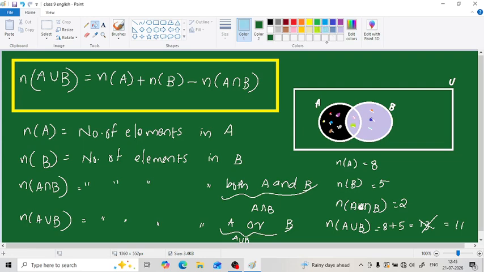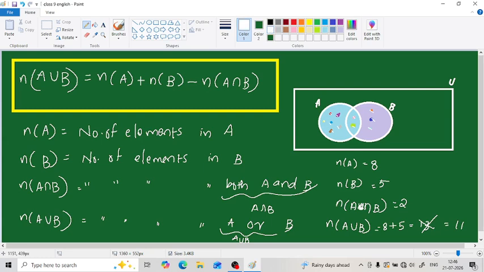It is already included in A, and when we counted B, we added it one more time. That's why there is an increase of 2 here. 2 elements are excess, that makes it 13. So we added the common elements again, that means 2 times. That happened here.